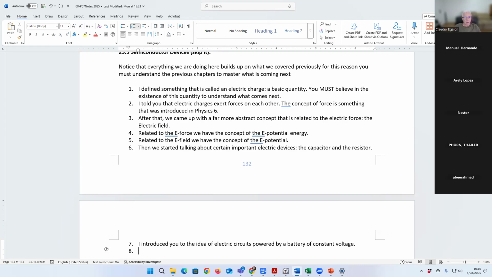Constant voltage implies constant current.